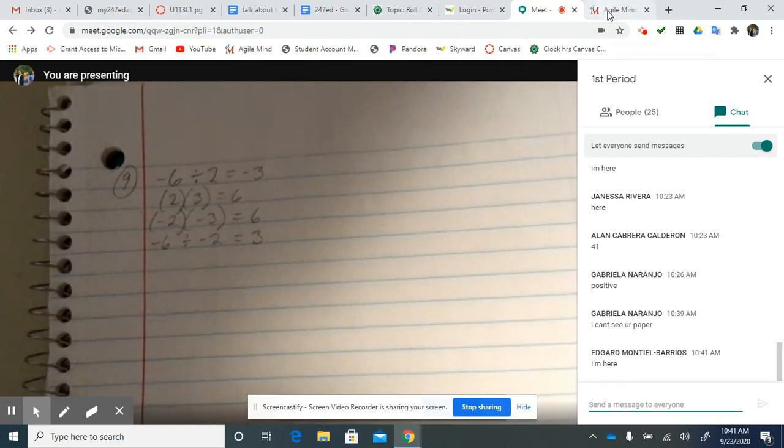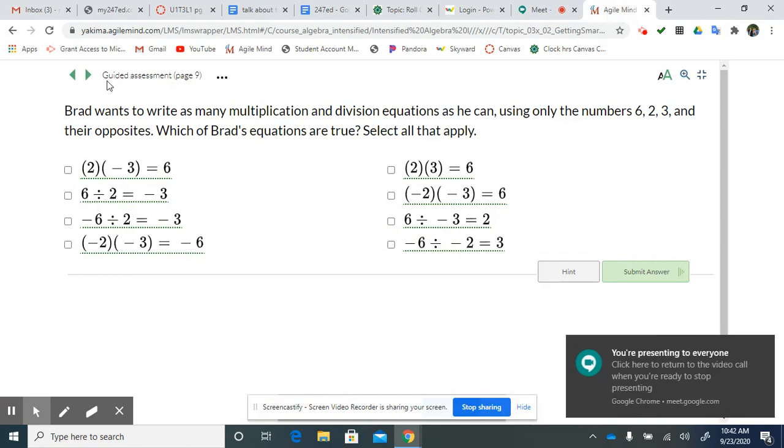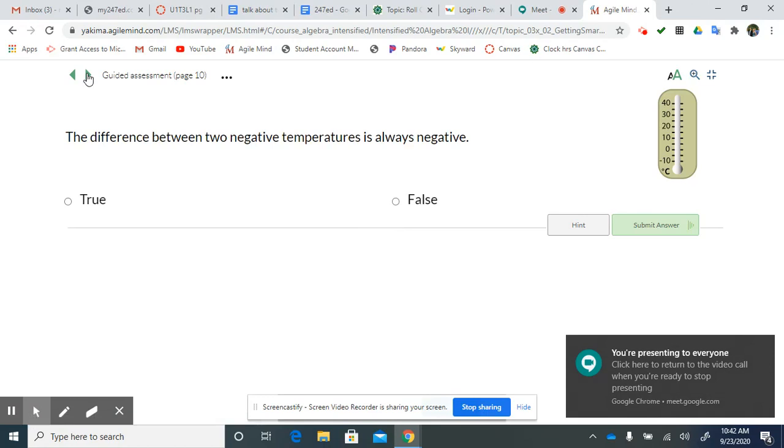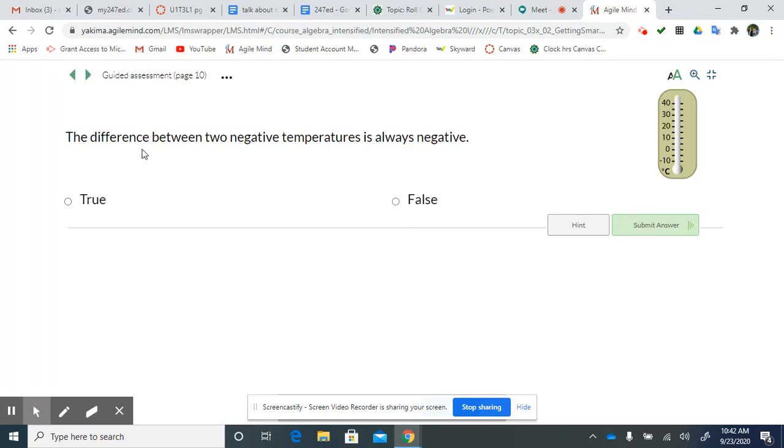All right, let's go on to the next one. The difference between two negative temperatures is always negative. Oh, that's a tricky one.